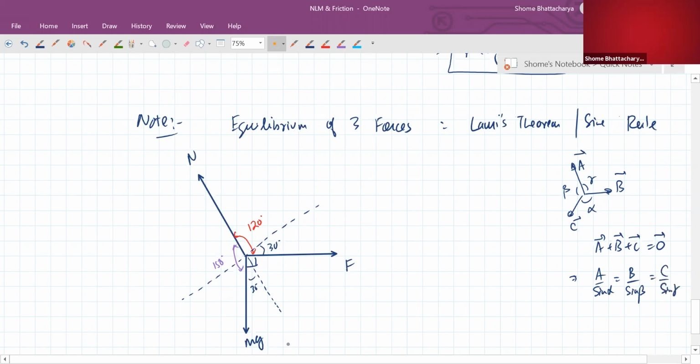So we'll apply that over here. So we will get N upon sine 90 degrees will be equal to F upon sine 150 degrees will be equal to mg upon sine 120 degrees. Okay, because that's how these forces are working out.